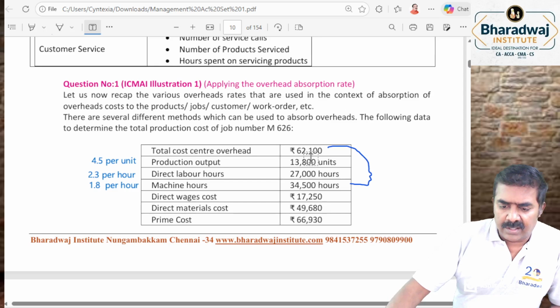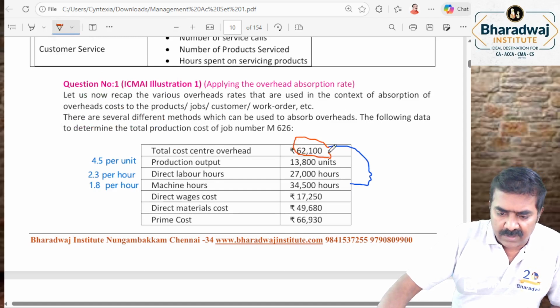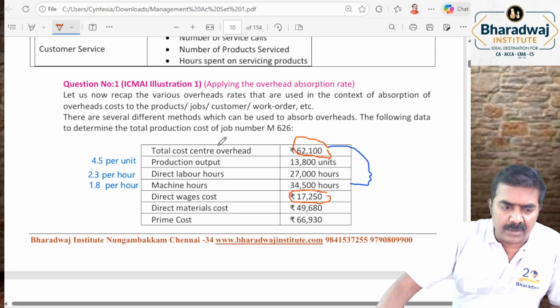Can you work out a percentage of wages? 62,100 divided by direct wages cost 17,250 into 100.